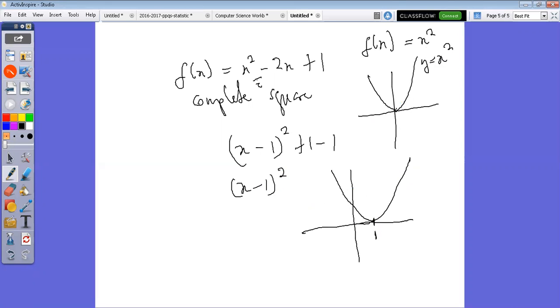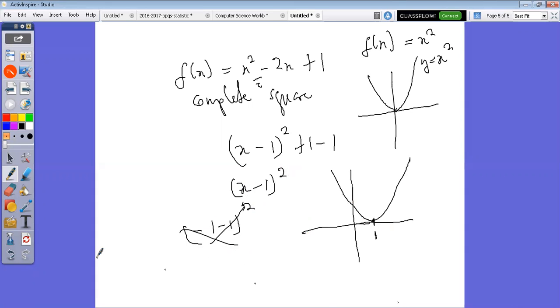Not minus 1. Does that make sense to you then? Because if it's minus 1, this would be minus 1 squared, it gives you 4. That's not correct. Clear now? But if it's 1, what's 1 minus 1? 0. Squared, 0. See that?